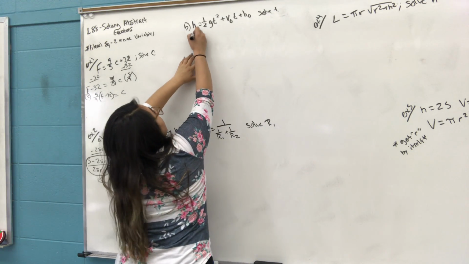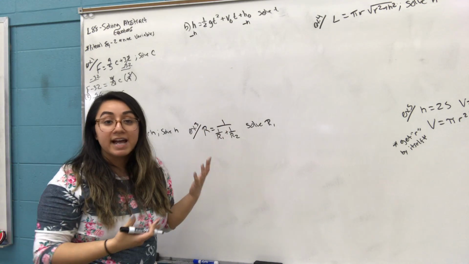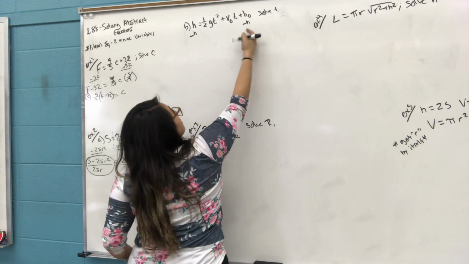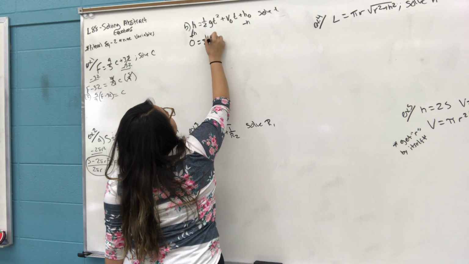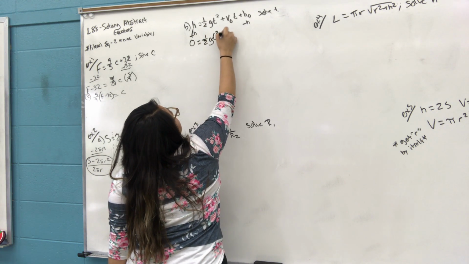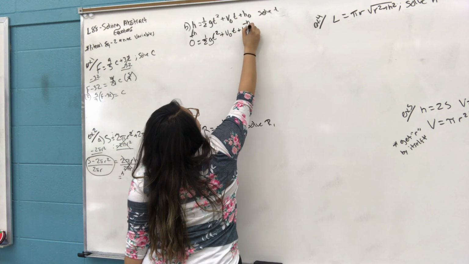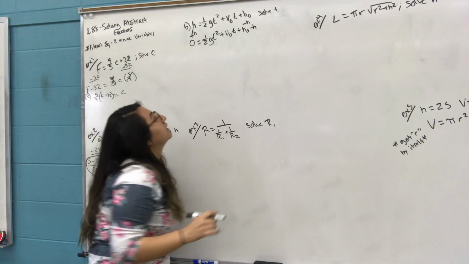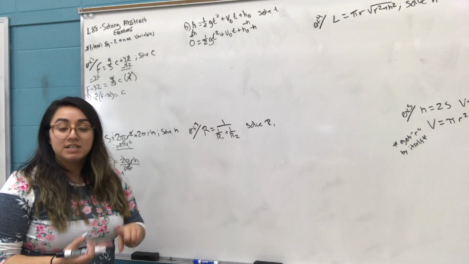First thing we do, we move everything to one side. According to the quadratic formula, one side has to be 0. So the h's, I'm going to combine the h's here. So then I have 0 is equal to 1/2 g t squared plus v sub o t plus h sub o minus h. From this point, I'm going to identify all my a, b's, and c's.